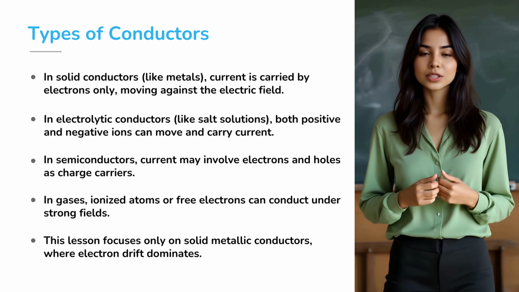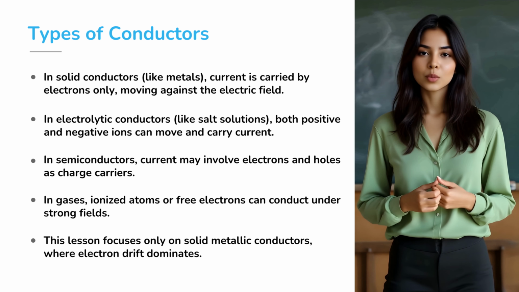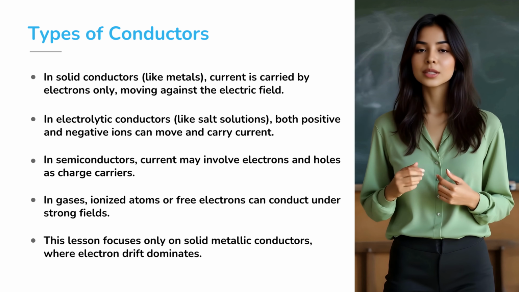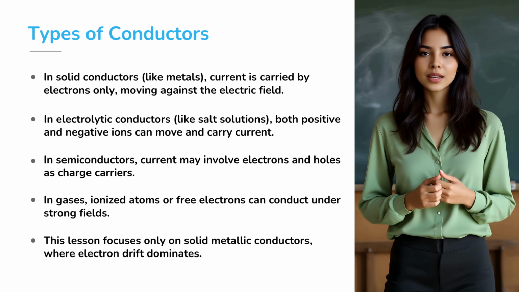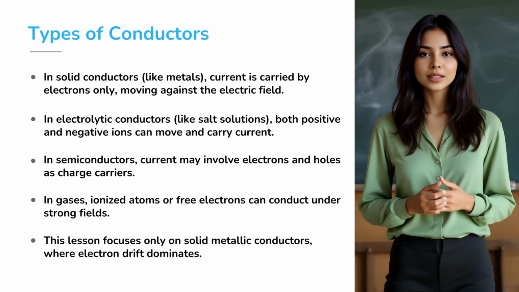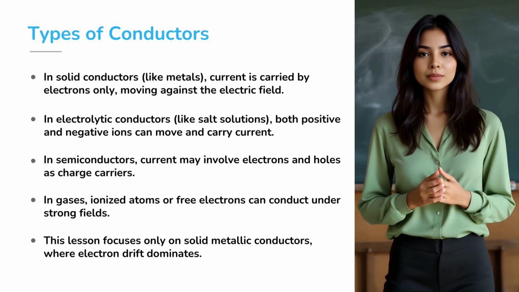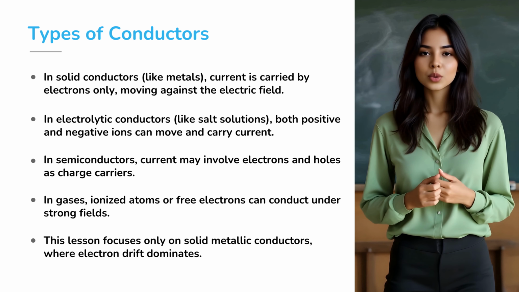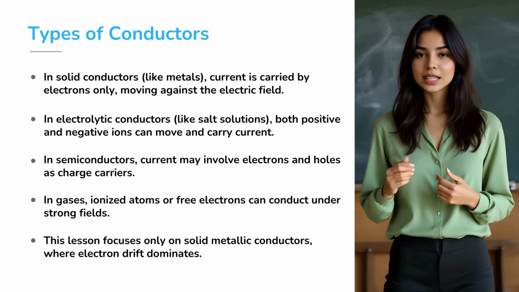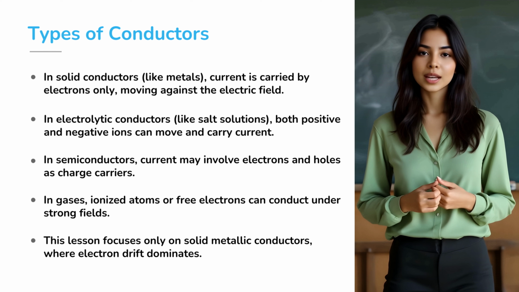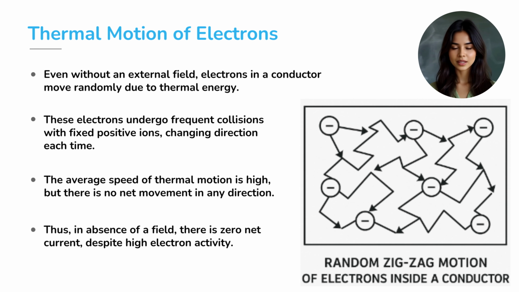In semiconductors, we have electrons and what we call holes, which are effectively positive charge carriers. In gases, if the atoms become ionized, both electrons and ions can move and conduct current. In this lesson, we are only focusing on solid metallic conductors where the flow of electrons is responsible for electric current.